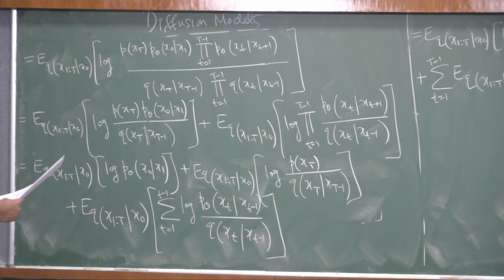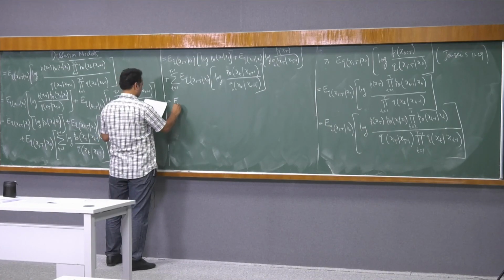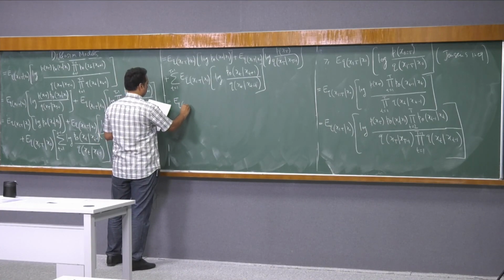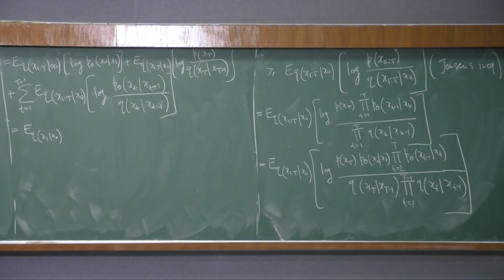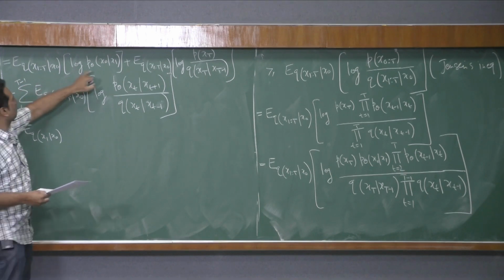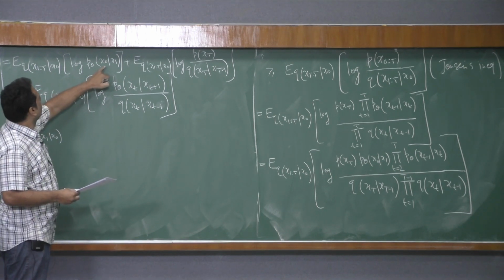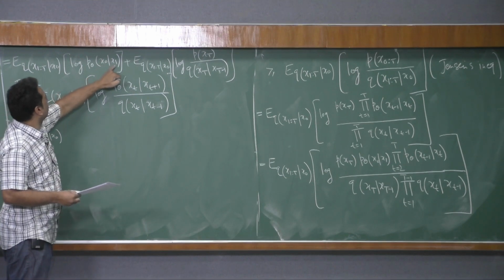All right. So, expectation of q of x1 given x0. Why am I doing that? Because here I'm computing the expectation of x1 to t given x0, but when I look at these terms, the only terms here are x0 and x1.